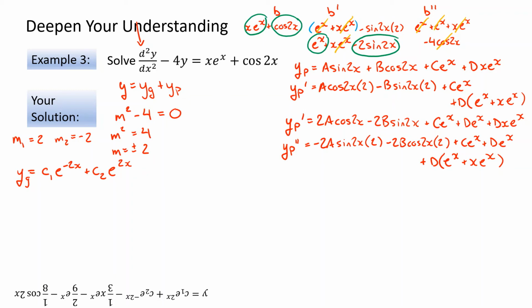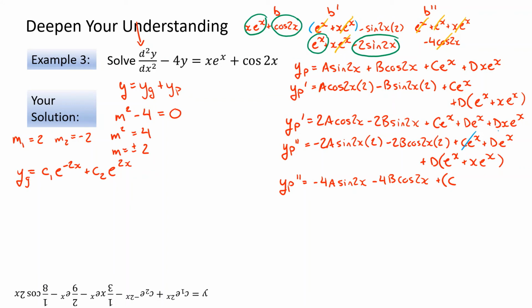So simplifying this, we get that yp double prime is equal to negative 4a sine of 2x minus 4b cosine of 2x. And I'm actually going to combine all of the coefficients behind just the e to the x terms. So we get for this one, we have a c, okay, and again I can cross them out once I'm done here.